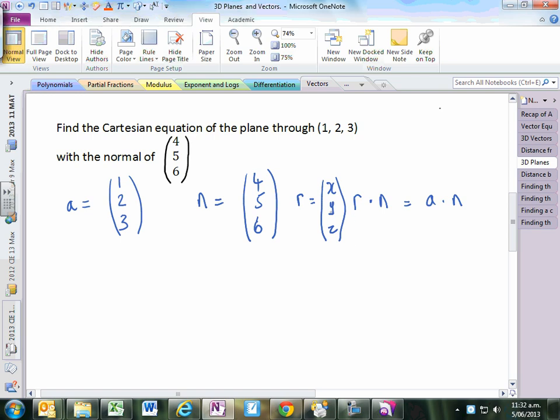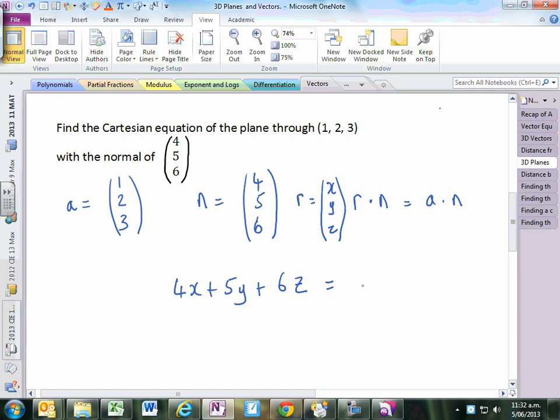r dot n, the dot product of these two. What are we going to get with that? 4x plus 5y plus 6z. That's what the start of the equation is going to look like. I've then got to look at the dot product between my point that I have on the plane and the normal.